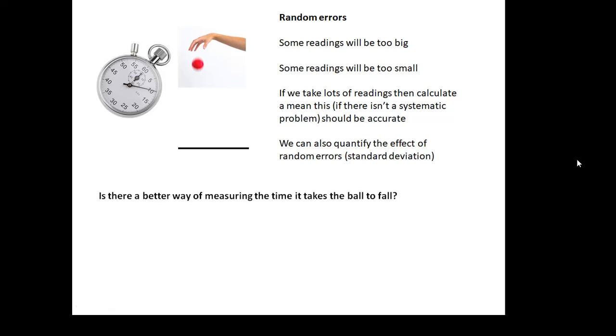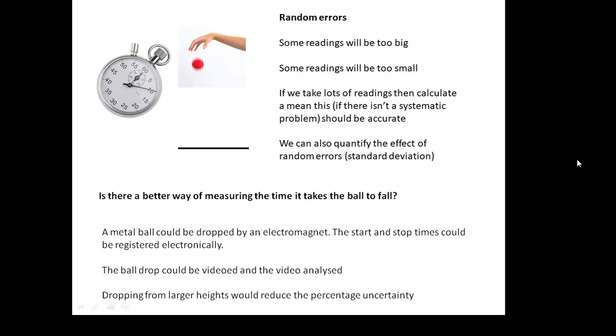Okay, now while we're here talking about minimizing random errors, is there a better way of measuring the time it takes the ball to fall? And the answer is, of course there is. Perhaps we could do it electronically. Maybe if we used a metal ball dropped by an electromagnet, taking away human error, and the start and stop times could be registered electronically.